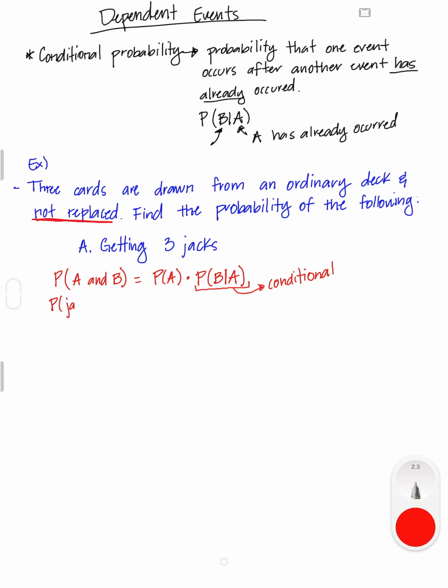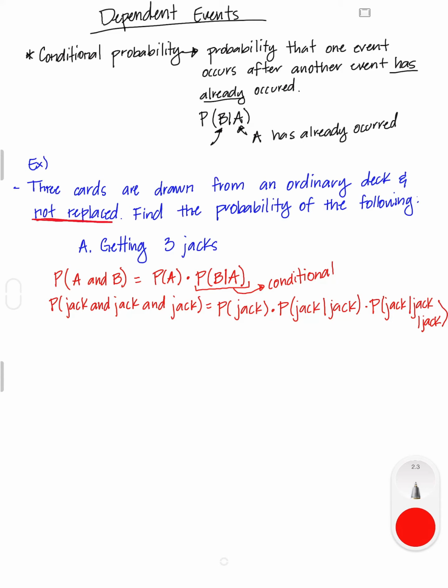So for this, we want to find the probability of getting a jack and a jack and another jack. So we're pretty much finding P of jack, and then times the probability of getting a jack when we had already chosen another jack, and then times the probability of getting a jack when we had already gotten the other two jacks, right?